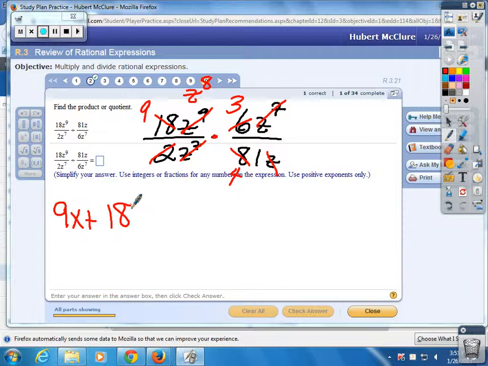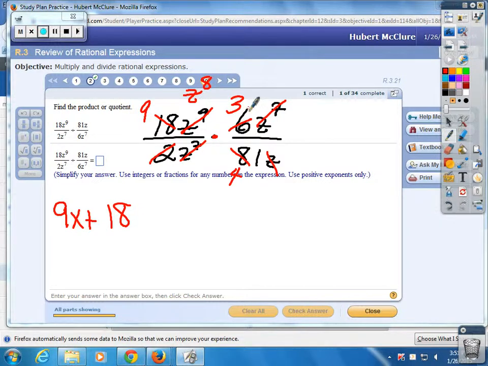We don't have any binomials here. These are all monomials. But I think you're talking about taking this 9 and canceling, and you can do that. But you can't cancel the 3 and the 9 because they're across from each other.